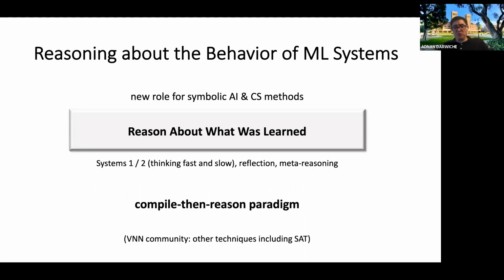This is the overall picture here: we're reasoning about what was learned. In a sense, it is a new role for logic, at least as far as emphasis. Traditionally, we used it to represent what we know about the world and to reason about the world. And we found out that there are more effective ways in some cases to build these systems by learning them from data instead of modeling categorical knowledge.